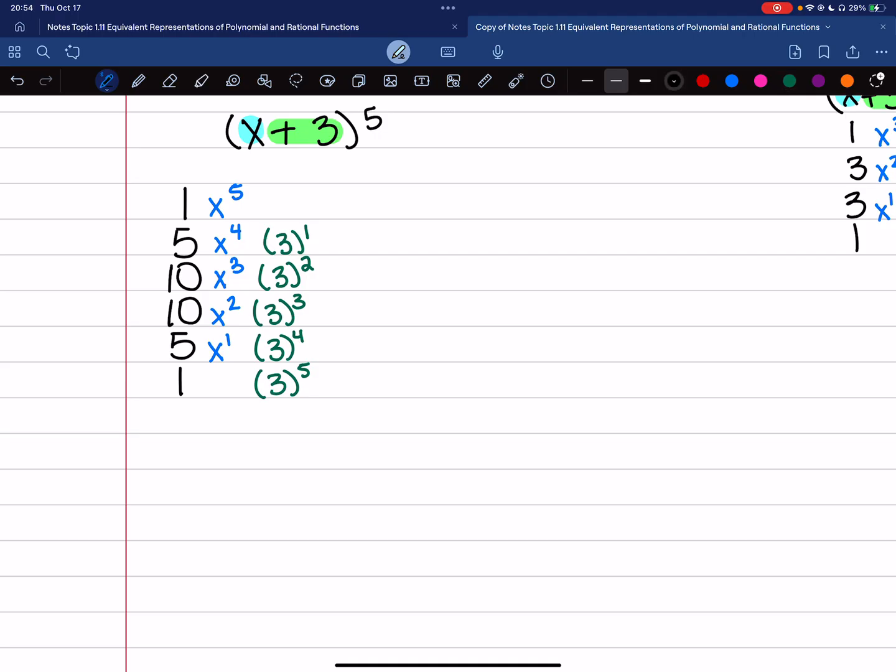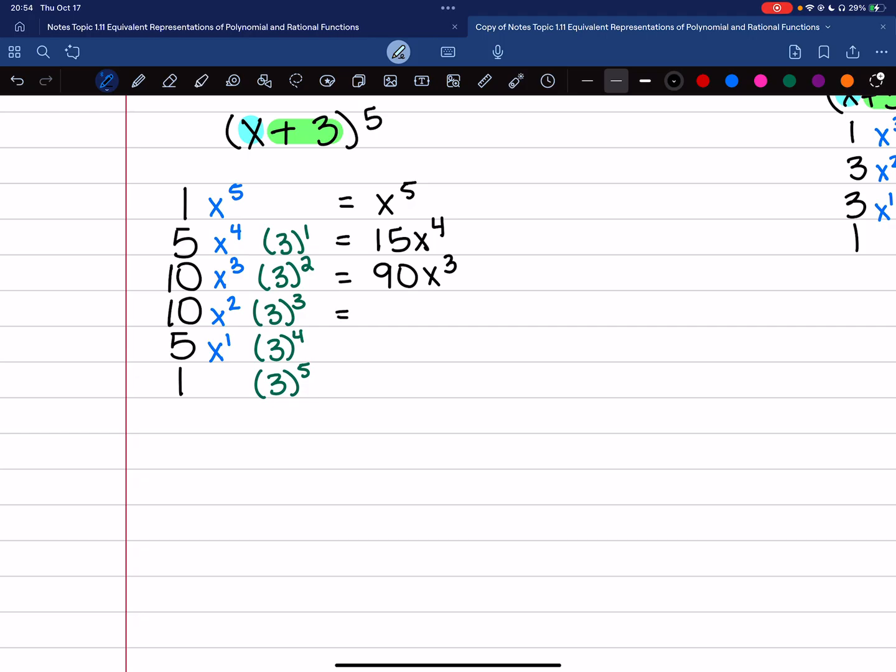So now we multiply. 1 times x to the 5th is x to the 5th. 5 times x to the 4th times 3. 5 times 3 is 15. x to the 4th. Then we have 10 times x to the 3rd times 3 squared. 3 squared is 9. 9 times 10 is 90. x to the 3rd.